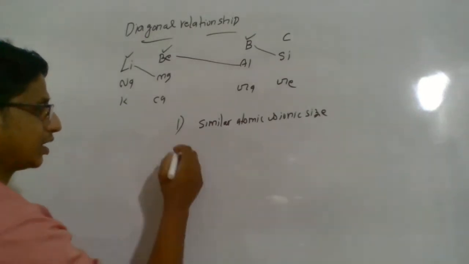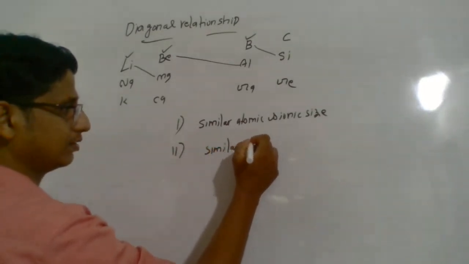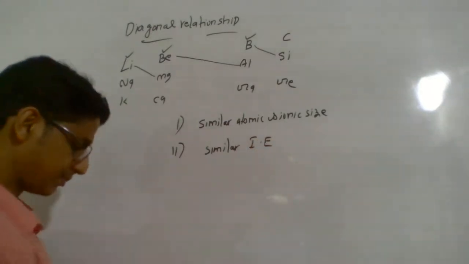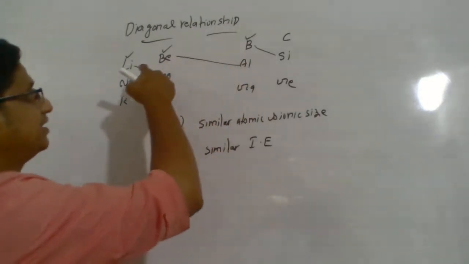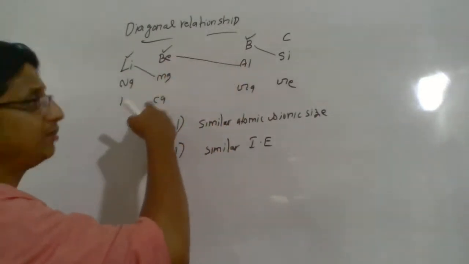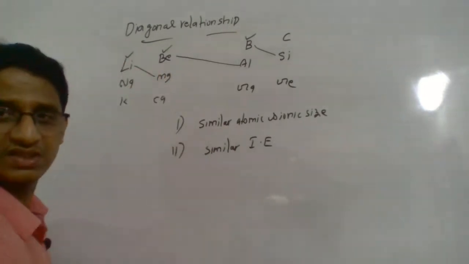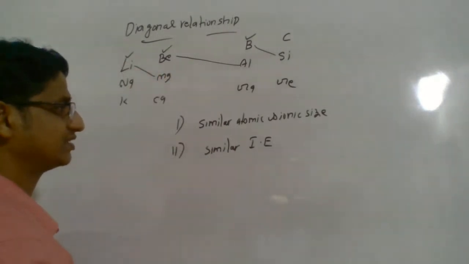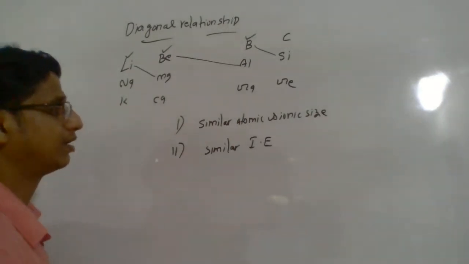Similarly, talking about ionization enthalpy, they have a similar ionization enthalpy. That also we know: ionization enthalpy increases from left to right, and decreases from top to bottom. So increases and decreases almost cancel, and they are similar.